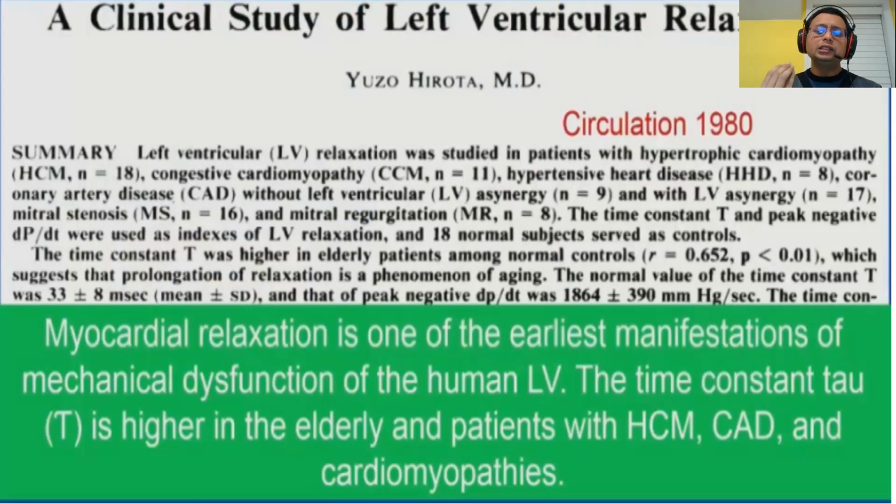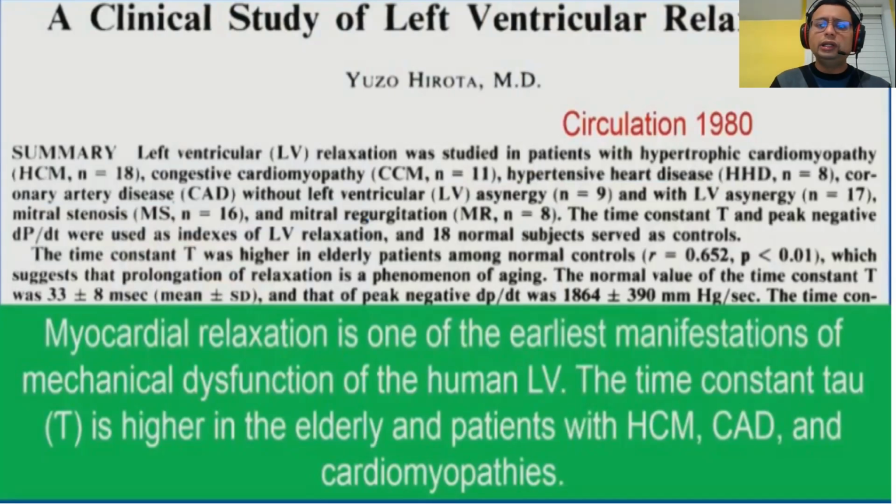There is something called tau. Tau is the myocardial index of relaxation. What he determined is that as your index of myocardial relaxation tau prolongs, the worse your myocardial relaxation is. The normal value for tau is 33 plus or minus 8 milliseconds, and as it goes higher and higher, the worse your myocardial relaxation is.